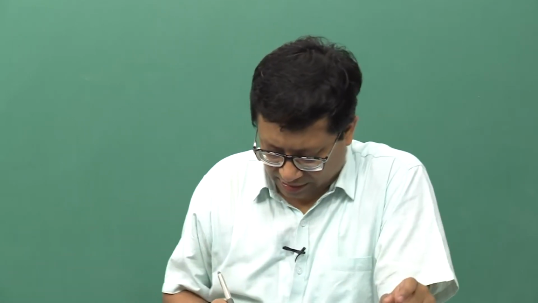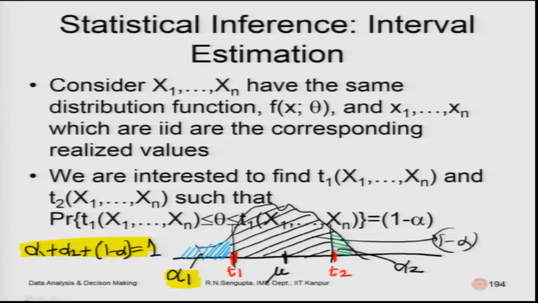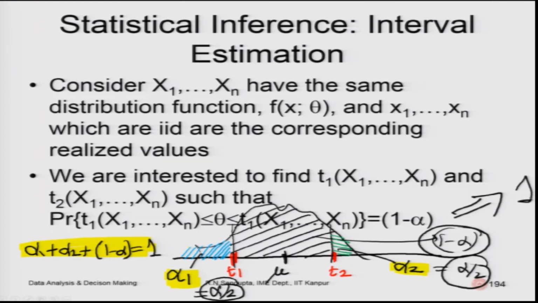So, technically alpha 1 value plus alpha 2 value, the addition of this plus this, gives me 1.